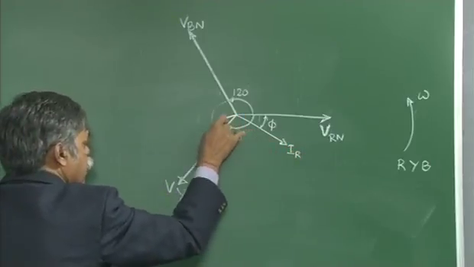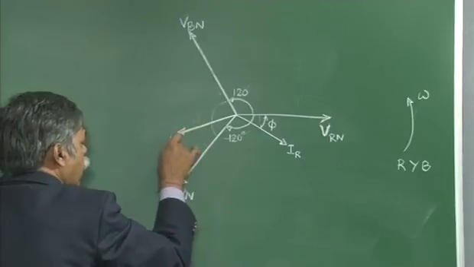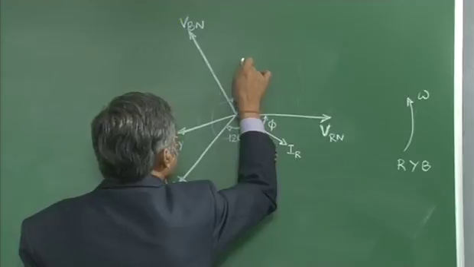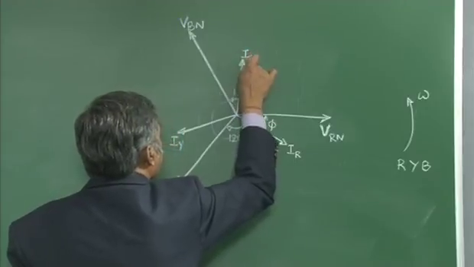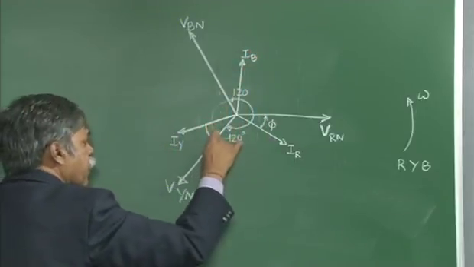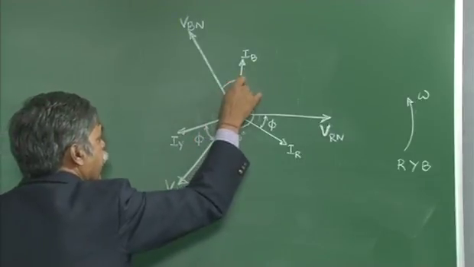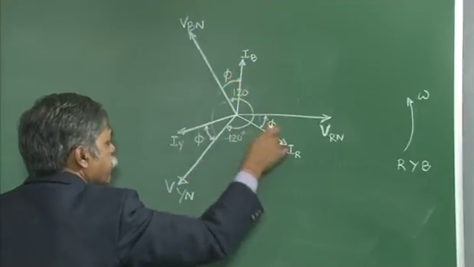Now this is what you have IY. All currents will have an equal magnitude, and this is IB. The angle between the phase voltage and the corresponding phase current, they are all phi.